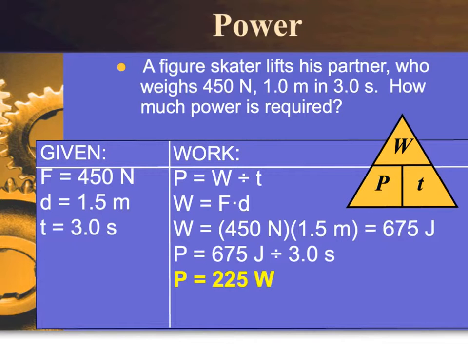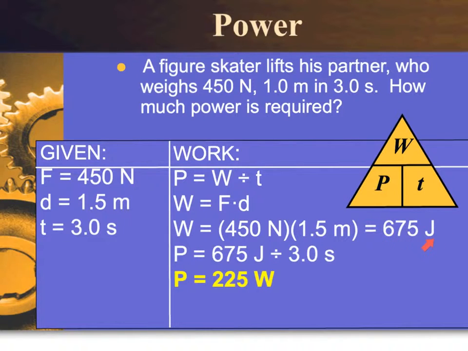The first thing we need to do is take our force and our distance, and work that out to get our work. So work equals force times distance. So 450 times 1.5, we would get 675 joules.